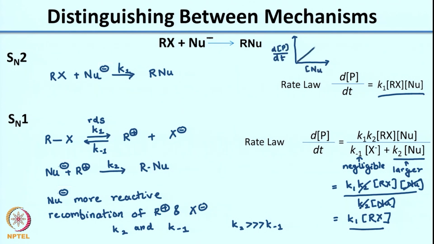If you see a linear dependence, you know that it is an SN2, whereas if you get no dependence, you know that it is an SN1 reaction. So this is such a simple experiment to distinguish between an SN2 and an SN1 reaction mechanism.